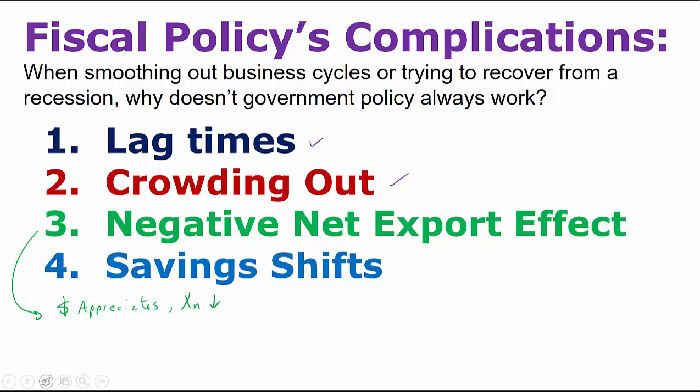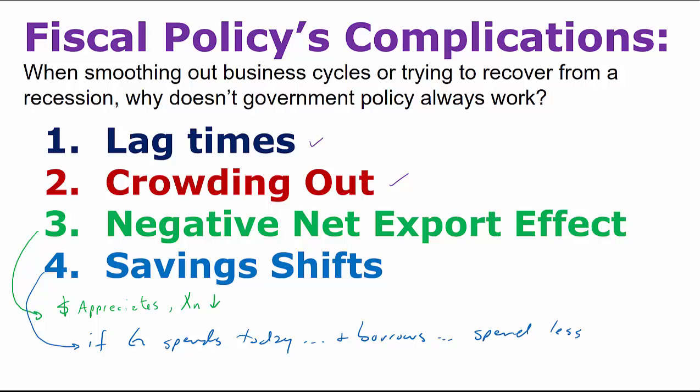Then we have what's called saving shifts. Okay, this one's kind of a goofy, weird thing. This will never be on a test because I think it's kind of stupid. But the idea is this. If the government spends money today and borrows, that means we're going to spend less in the future.